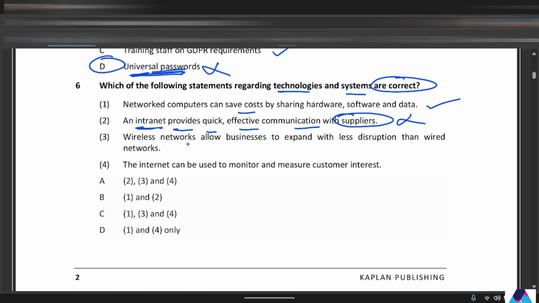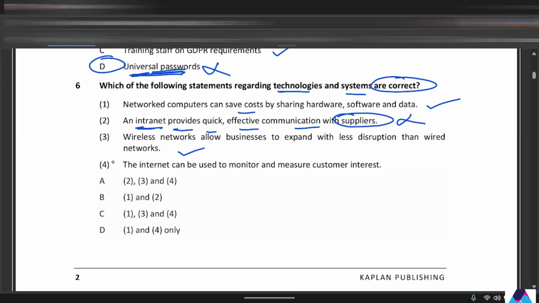Then it says wireless networks allow business to expand with less disruption than the wired network. This is absolutely correct. Wired networks cause a lot of disruption in the expansion of the business. Okay.